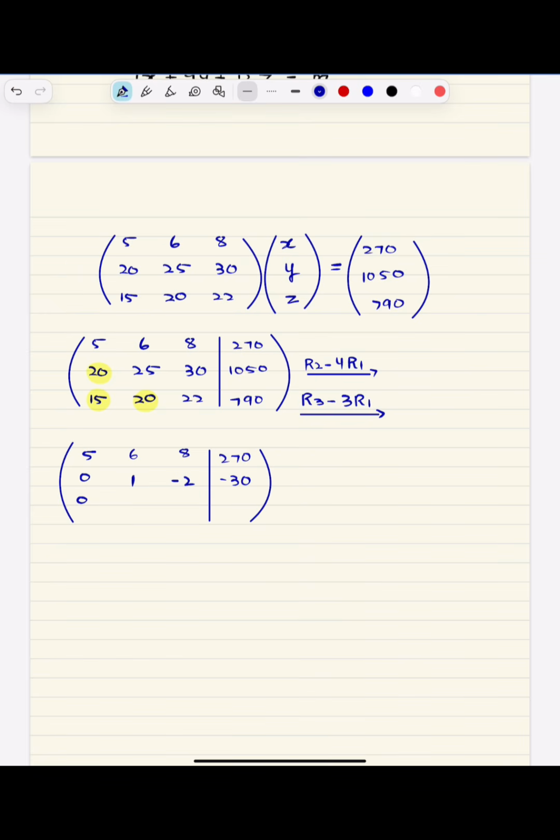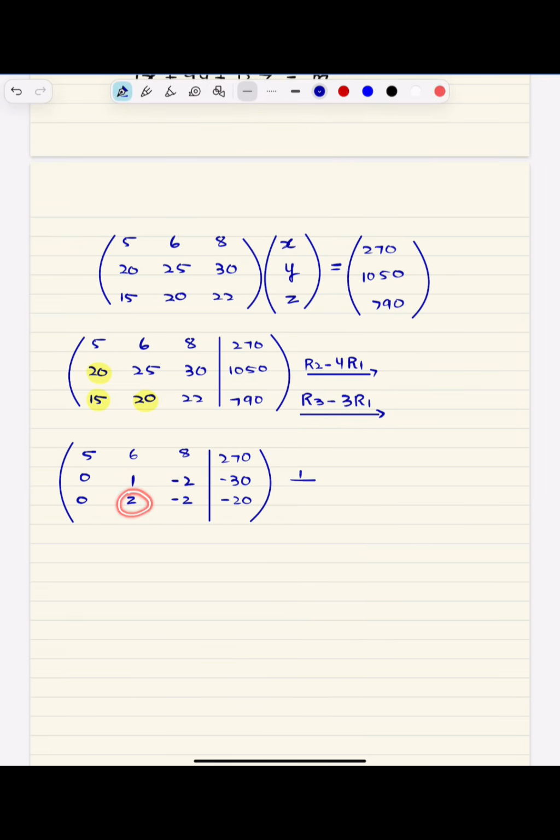In the last row, we have 6 threes are 18, and we subtract that from 20, so we get a 2. Then 8 multiplied by 3 is 24, and subtracting that from 22 gives us a minus 2. Then 270 multiplied by 3 is 810, and subtracting that from 790 gives us a minus 20. Now the next step is to make this into a 0.